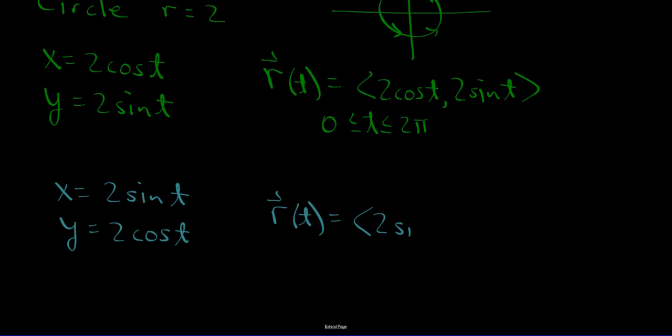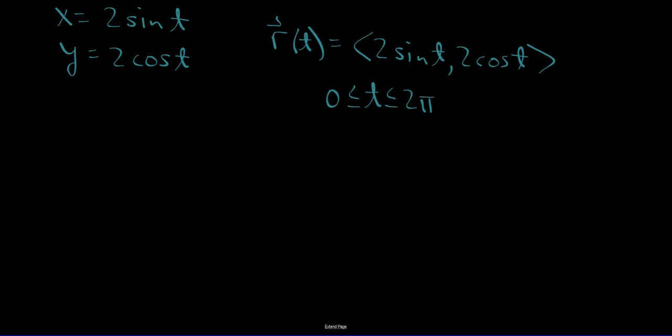We would have 2 sine t, 2 cosine t, and t is still going to go from 0 to 2 pi. It would be exactly the same curve if you look at it. However, the curve would be sketched in the opposite direction. So you'd still get a circle with radius 2, but it would be sketched in the clockwise direction.